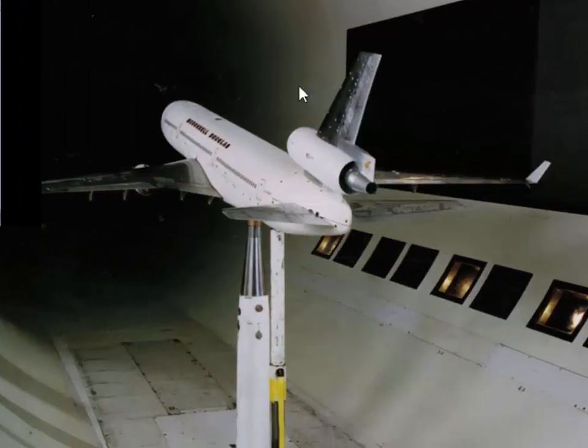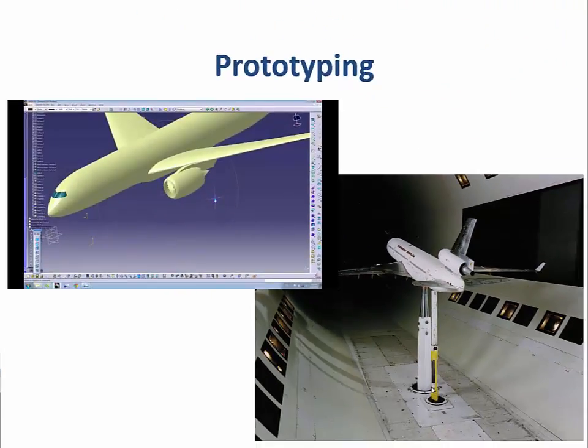On the right, what you see is a real small scale prototype of an airplane that is being tested, in this case for aerodynamics in a tube. So that's another type of prototype.